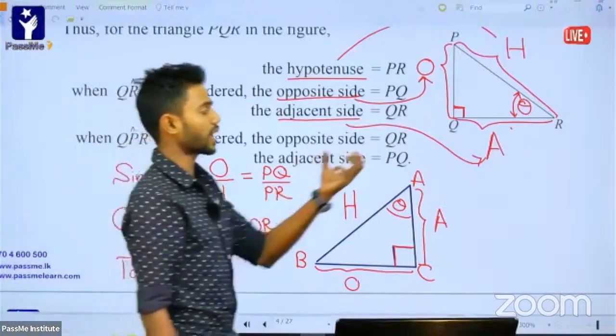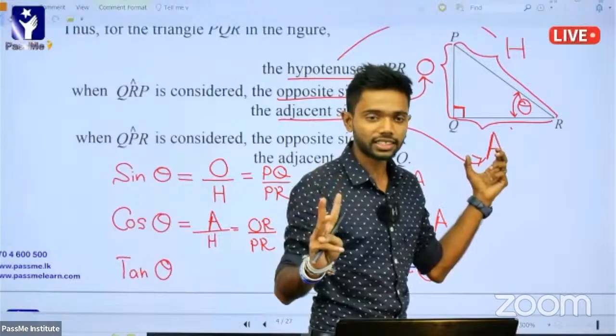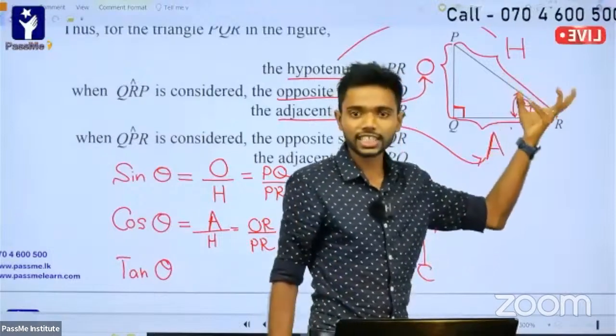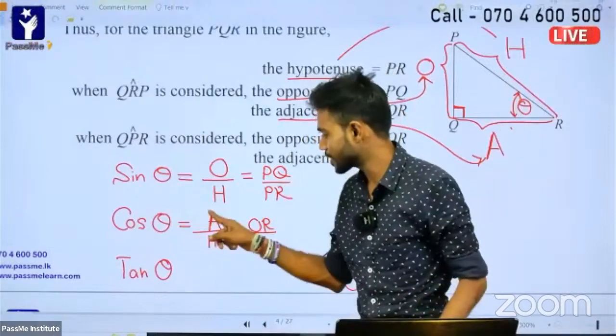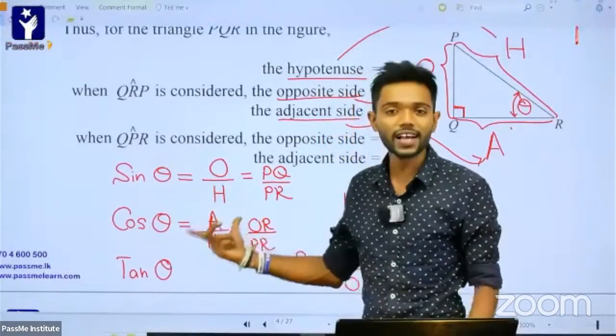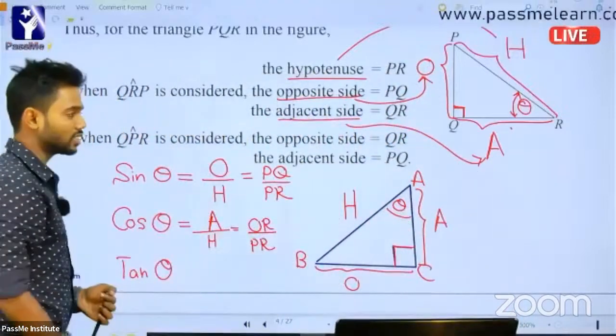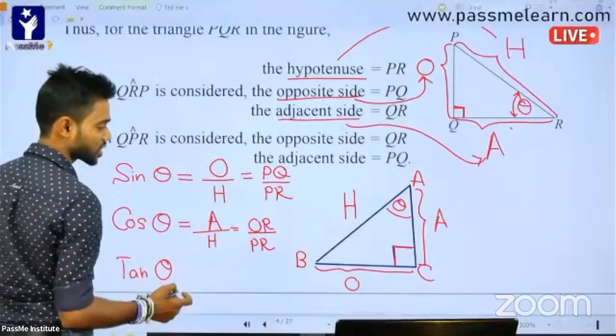For example, the adjacent side is 3 centimeter, let's take, right, 3 centimeter, and here 10 centimeter. That means cos theta is equal to 3 divided by 10, 0.3. 0.3 is the answer for the cos theta. So you can see how easy these questions are.